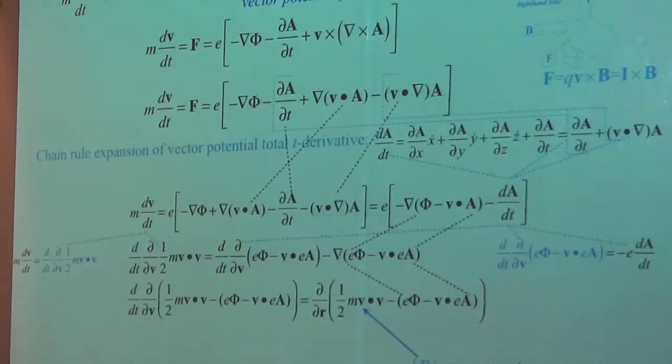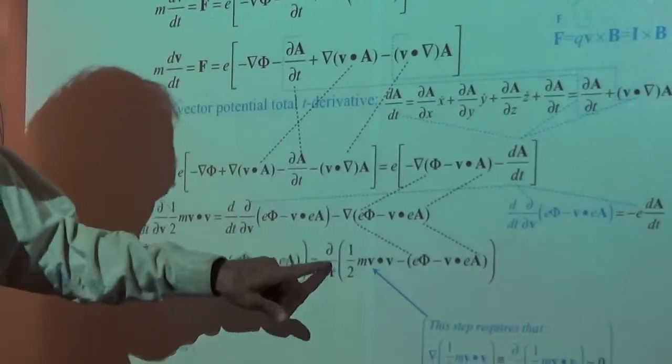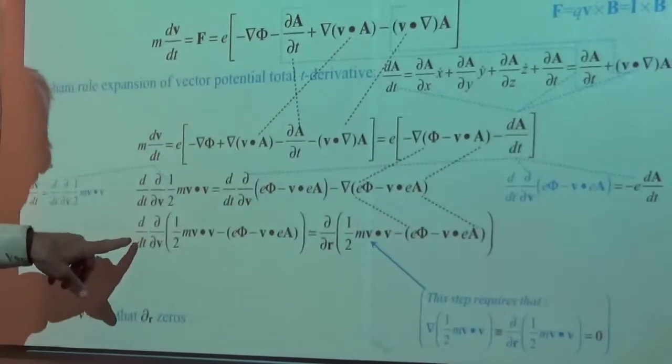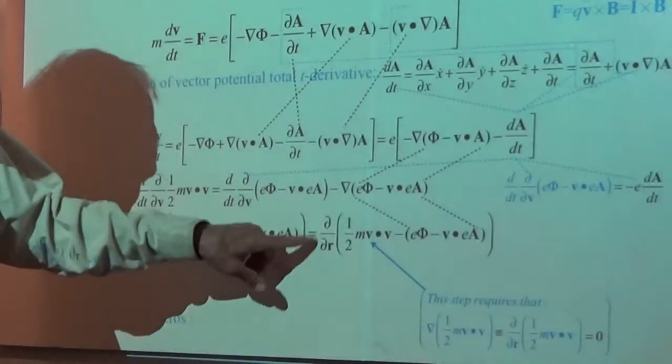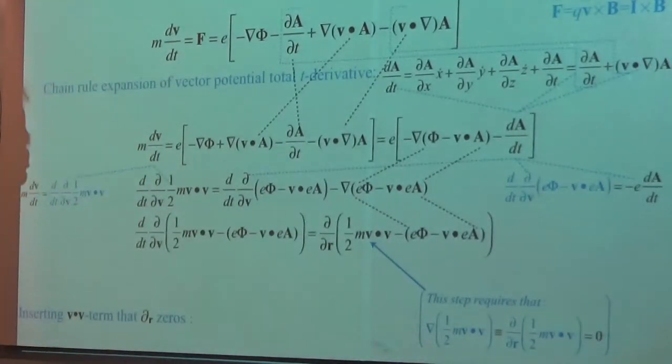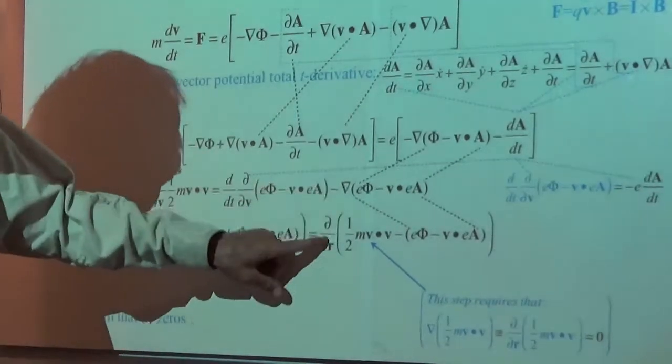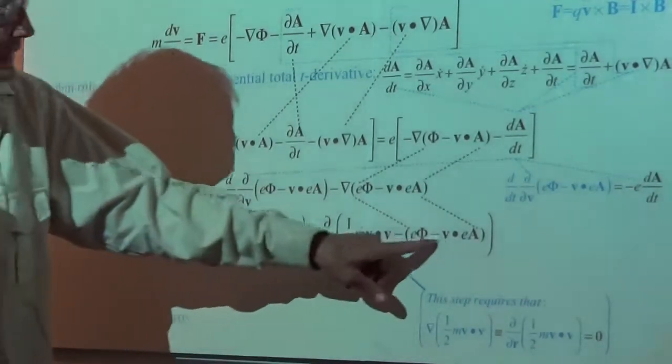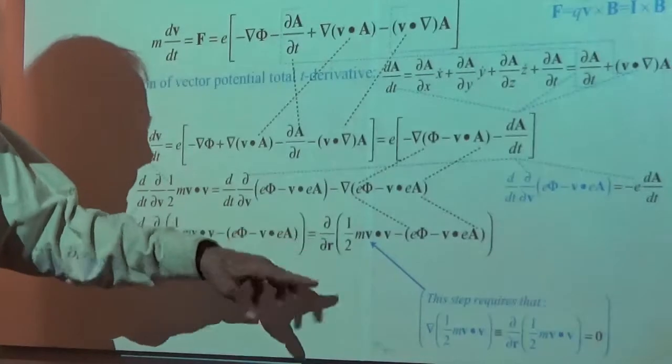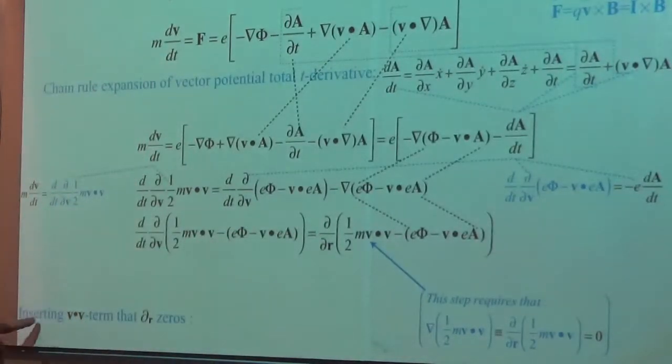And finally, this part right here that comes with this, I can put a partial derivative here. That's the gradient. This gradient right here is just being expanded. Again, inserting a v dot v term.